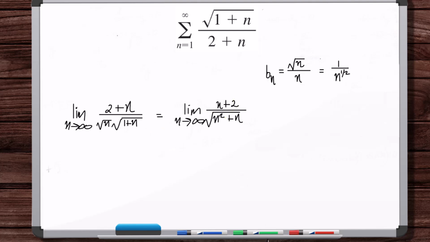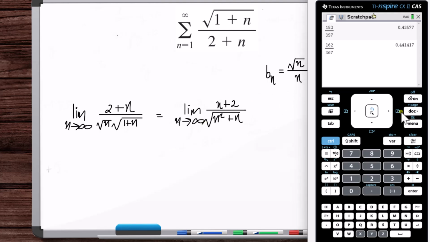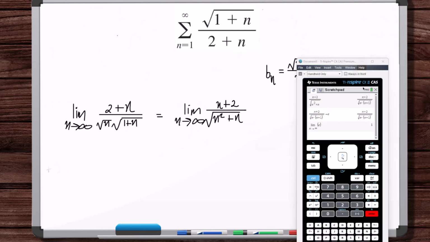Okay, so let's put this into the calculator because I don't want to get into this kind of limit here. So, okay, n plus 2, this is equal to 1.